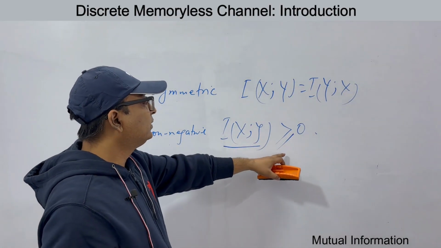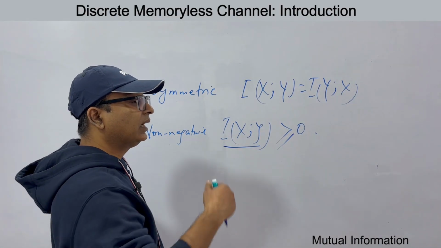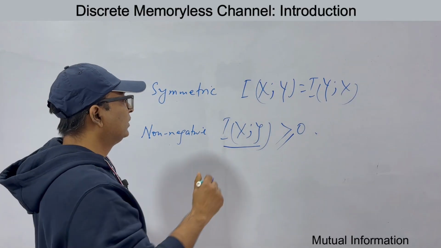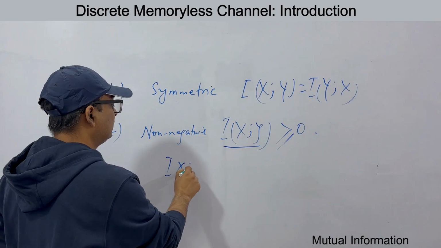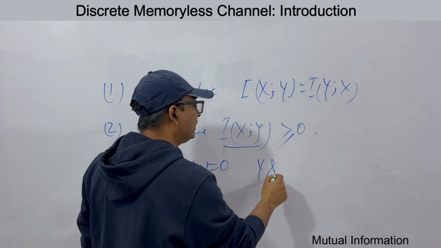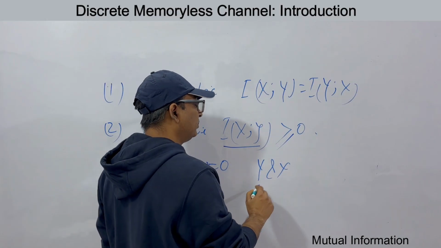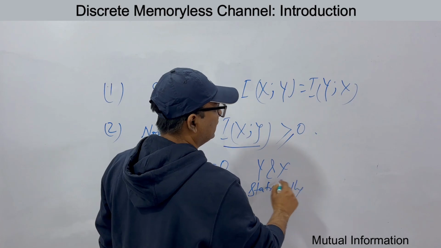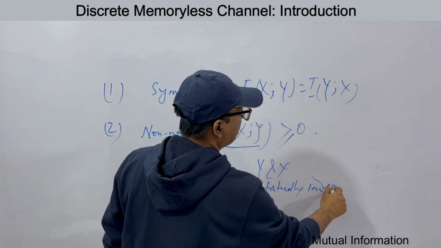And when will it be 0? This will be 0 when the output and the input are statistically independent. So we have this information equal to 0 when output and input are statistically independent.